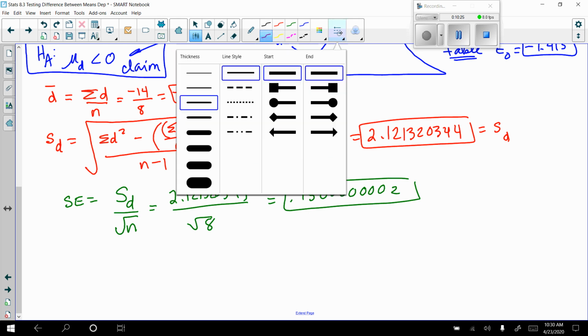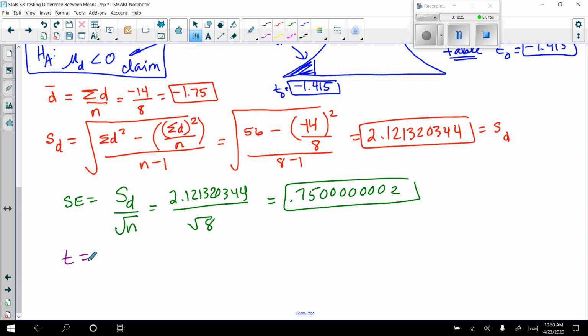And from there, we're going to find our t-value, which is our mean of the differences minus the expected mean of the differences, divided by our standard error. Our mean of the differences is negative 1.75. We expect the differences to be 0.